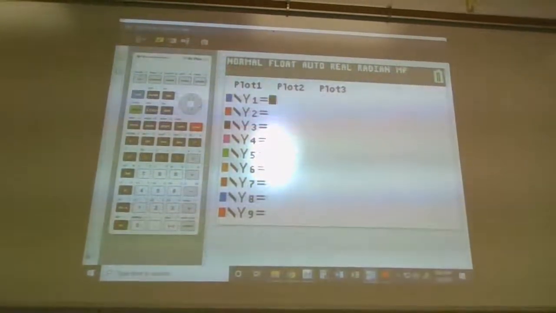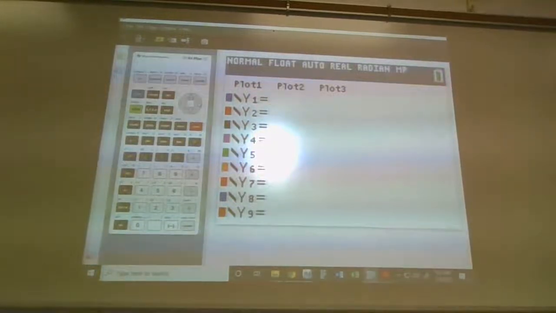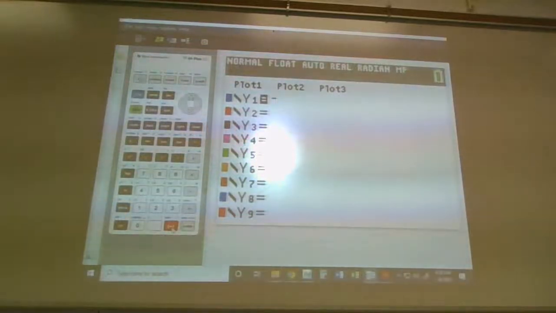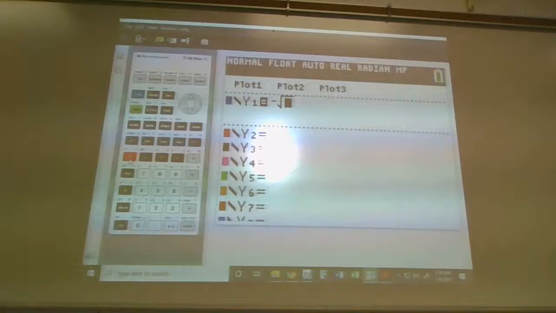So if I'm going to type in a problem like number 2, first I would go negative. You don't want to type in the minus sign; I believe the minus sign would get you a syntax error. And then square root. What's weird about the square root on these calculators is that on the TI-83 you would have a parenthesis that opens up, but on this one they just have a little dotted box.